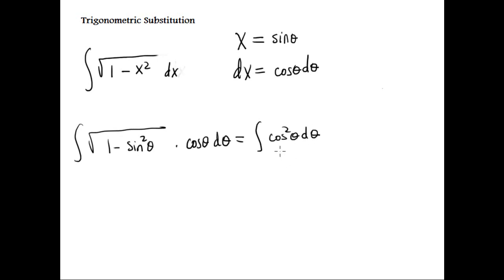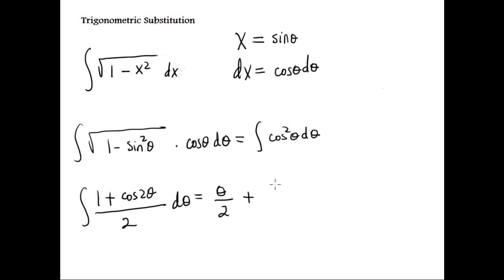You apply the half angle formula: 1 plus cosine 2 theta, divided by 2, d theta. The antiderivative of this is theta over 2 plus, the antiderivative of cosine is sine, divided by 2, so we have 1 over 4 sine 2 theta, plus a constant.